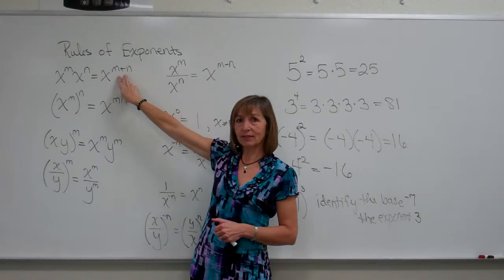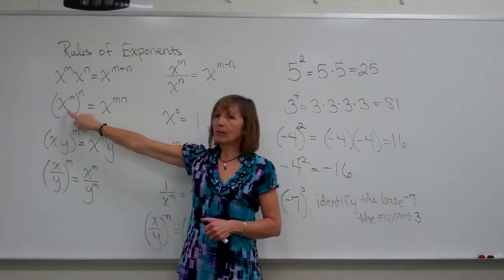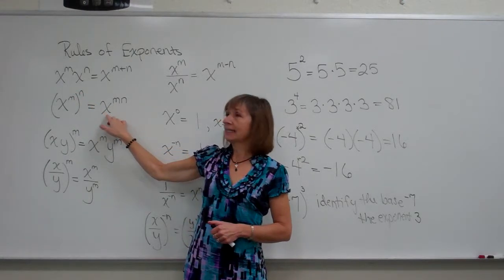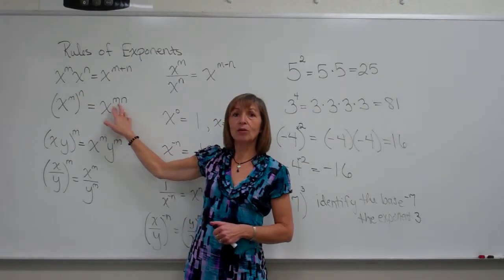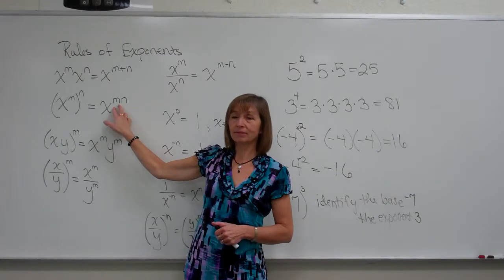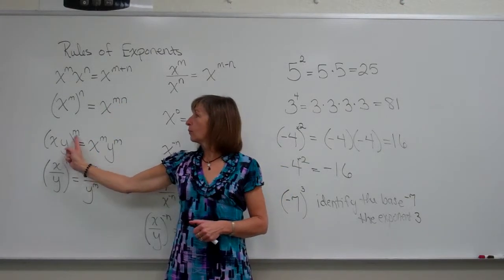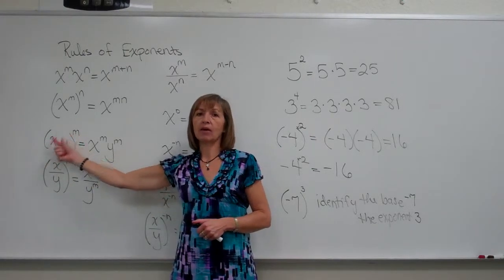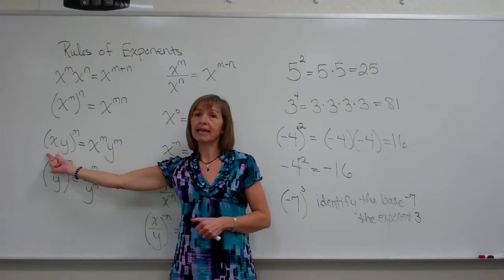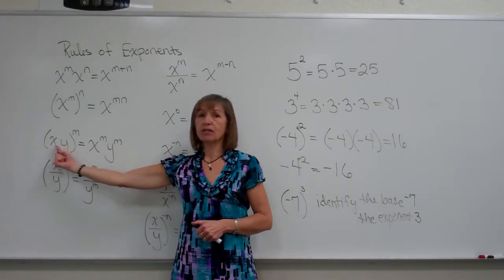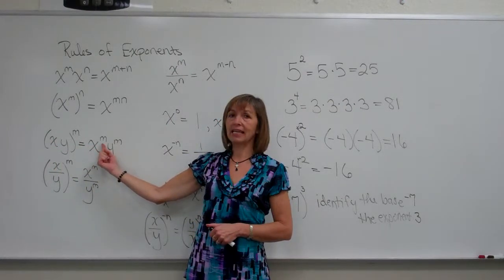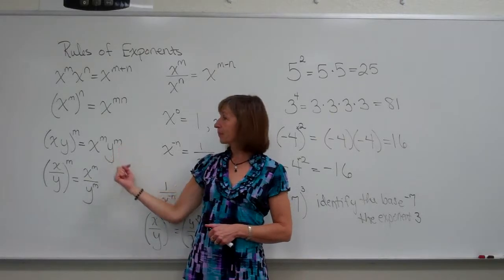add the exponents. When we have an exponential expression to yet another power, we keep the base and we multiply the exponents. When we have an exponent acting on a parenthesis grouping that holds a multiplication inside the parentheses, and they're not the same base inside the parentheses, then to simplify that expression, they each get the exponent.